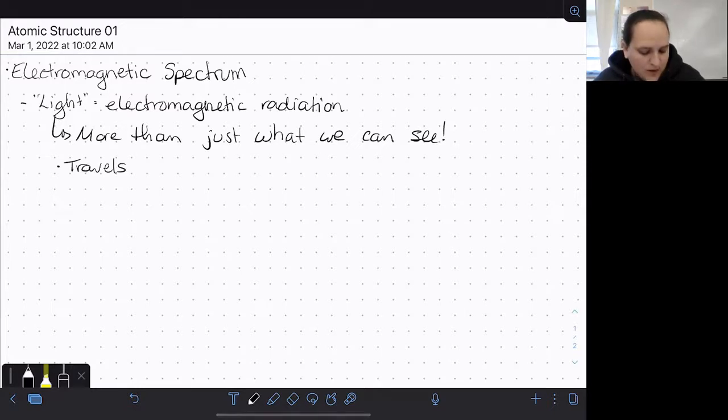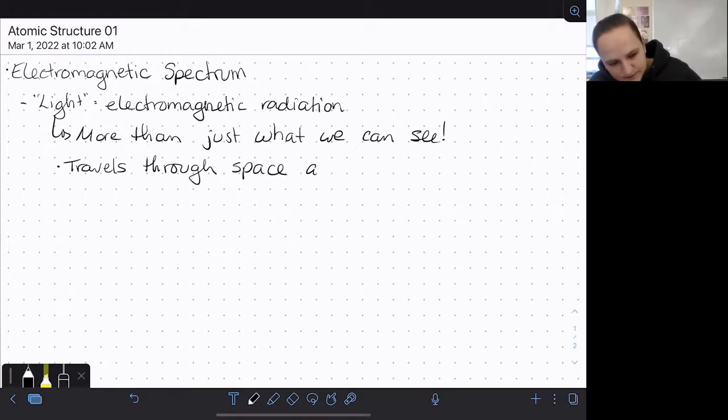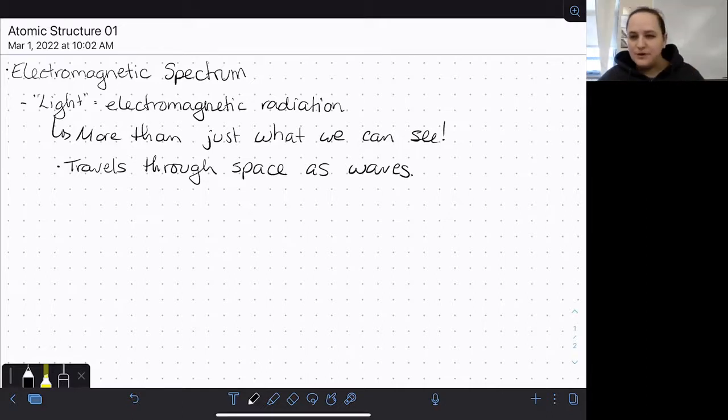And what all electromagnetic radiation, all types of light, have in common is that they travel through space as waves. And waves have several different measurements or features that we should try to be aware of.